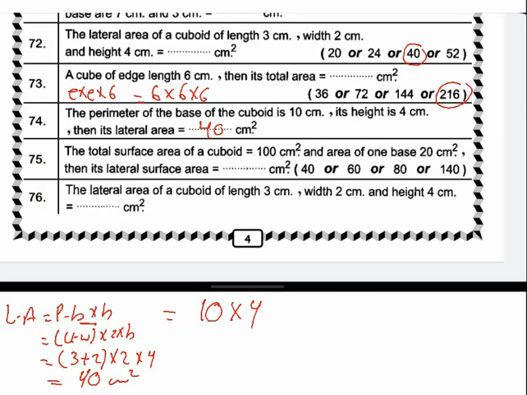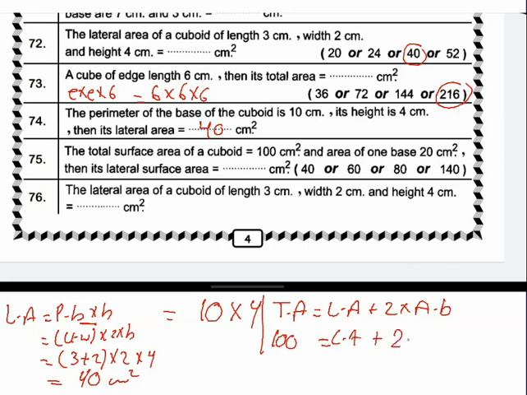Total surface area of cuboid 100, area of one base 20, find the lateral area. Write the rule here. Total area equals lateral area plus 2 times area of the base. Total area here equals 100. I want lateral area, plus area of the base 20.